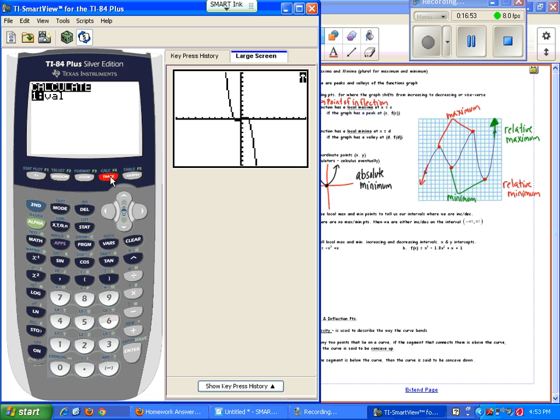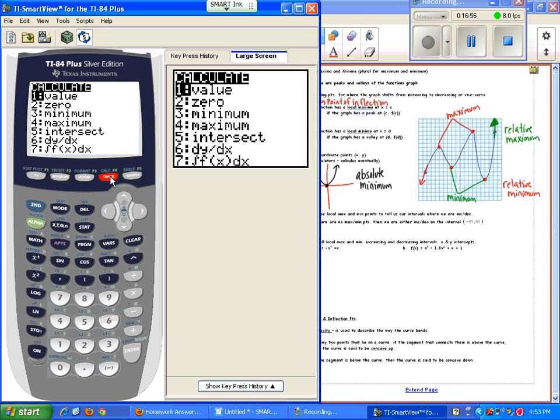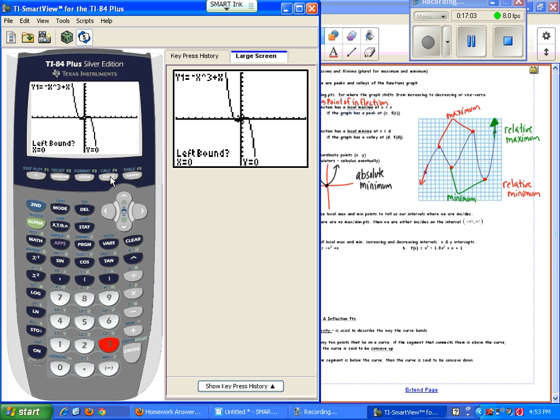If we do that, I'm going to find the minimum first. Use your left and right arrows, and you can notice it looks like to the left of that we have our minimum. So the left bound means we want to pick something on the left side of that, enter, and then pick something to the right of that, trying to stay as close as you can, enter. Then when it says guess, all you have to do is hit enter on your calculator. So here we have our minimum.